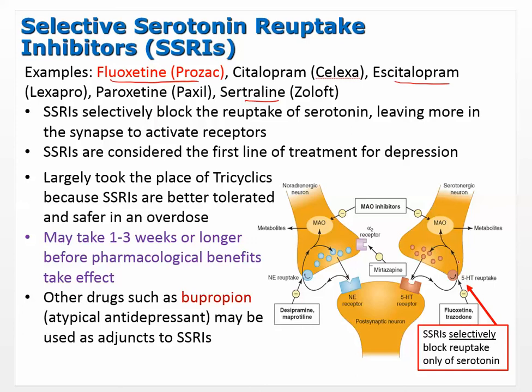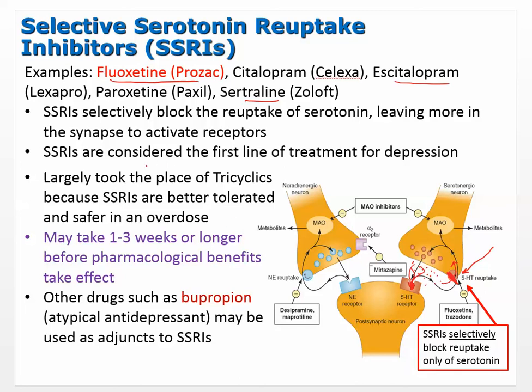It selectively and specifically inhibits the reuptake of serotonin. Normally serotonin is released and then it's taken back up into the presynaptic terminal. Well, if you block that, then all that serotonin has to stay in the synaptic cleft, where it activates that receptor more. Okay, so it increases or enhances the effect of serotonin after it's released.